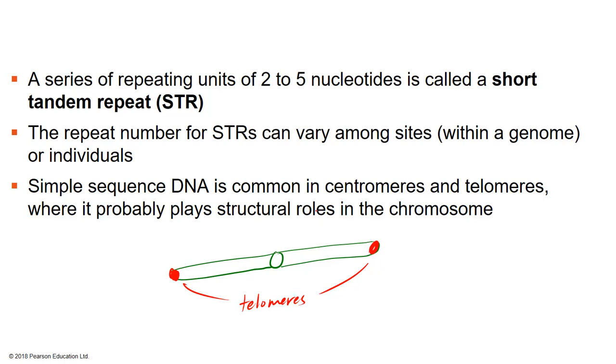And in humans, the telomeric sequence consists of 6 nucleotides. This repeating unit is repeated hundreds of times, maybe thousands of times in both ends. So approximately it is repeated up to 3,000 times in both ends.